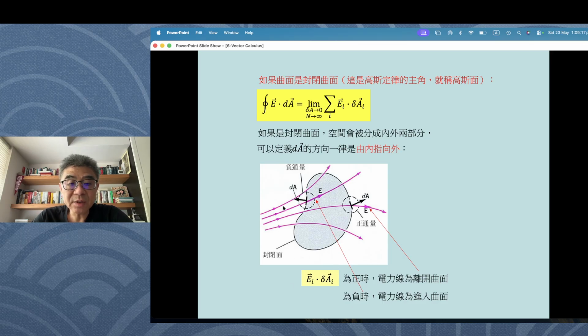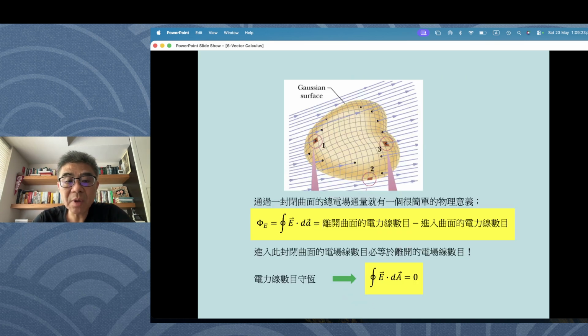If it is entering the surface, then the contribution will be negative. So to sum up, the total flux will be the number of electric lines leaving the surface minus the number of electric lines entering the surface. That's why this flux is very useful, because it has a very simple physical meaning.